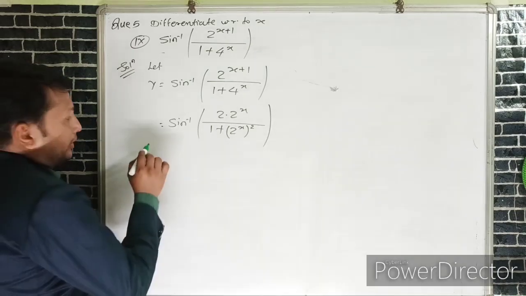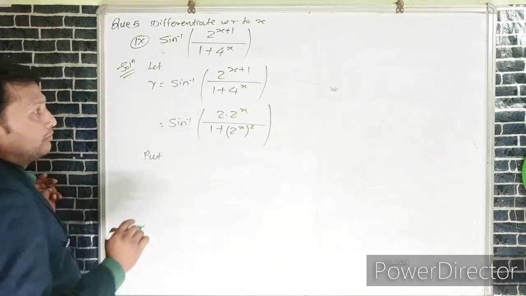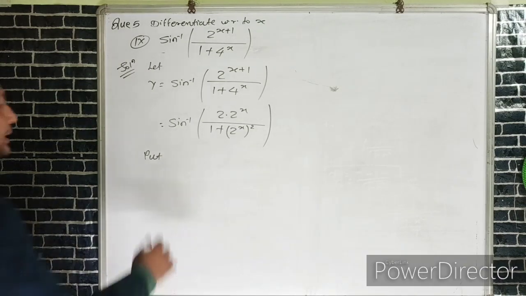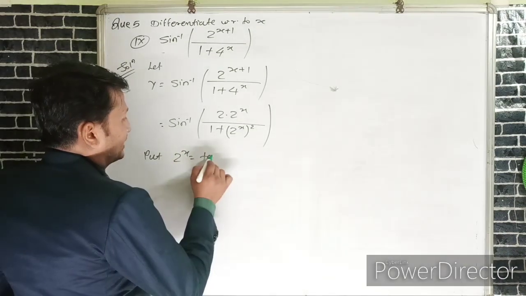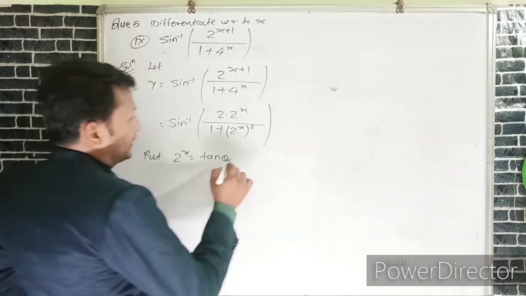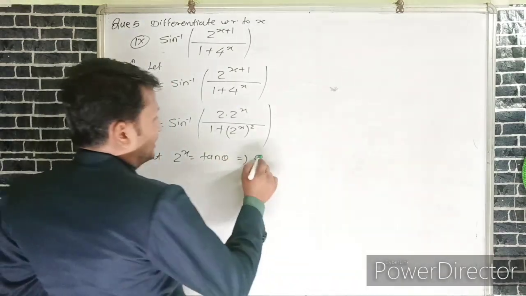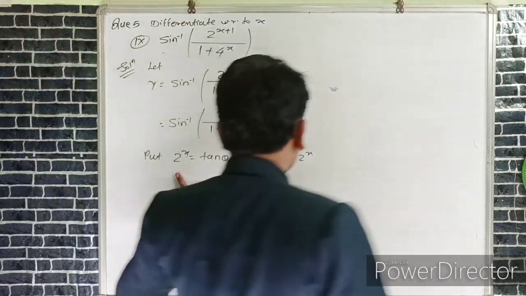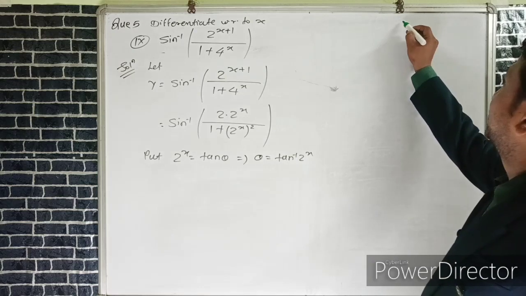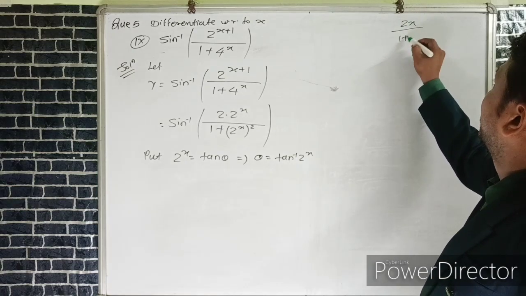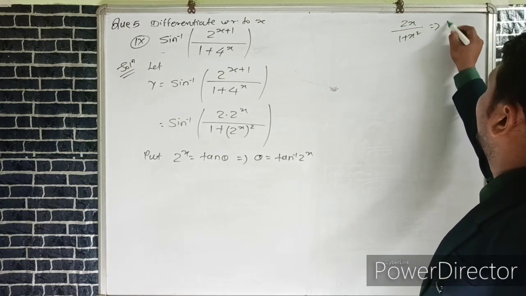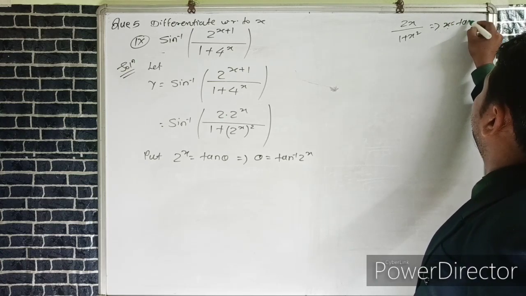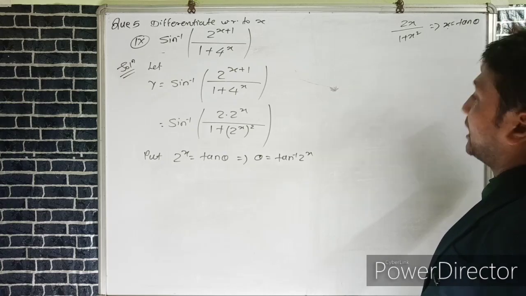Now, if we put 2 raised to the power x is tan theta, then theta is tan inverse of 2 raised to the power x, because we know that if the given function is in the form of 2x upon 1 plus x square, then we can put x is tan theta.